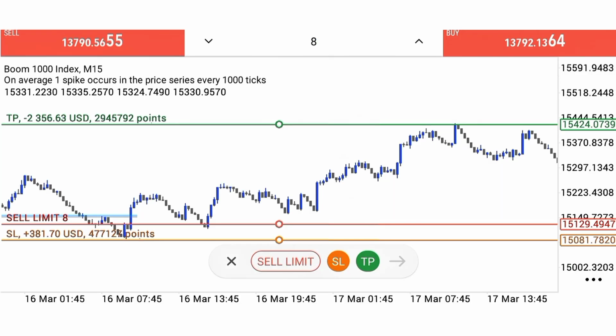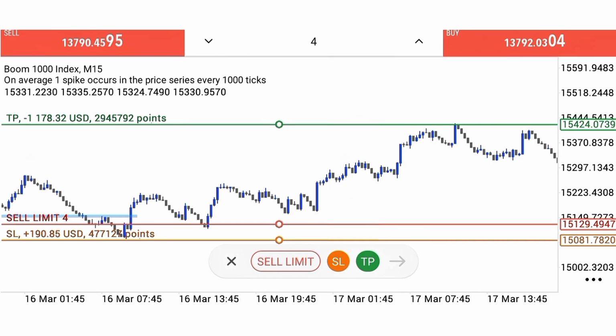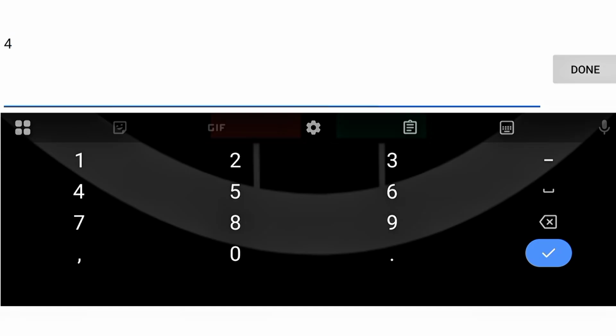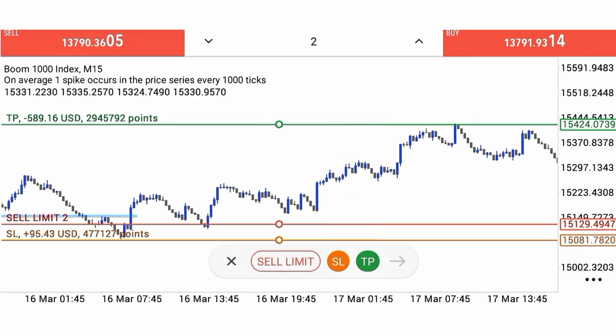Let's imagine I traded with $100. Let me see, 0.4, okay, that's too big. 0.3, well, 0.2, that's too small.